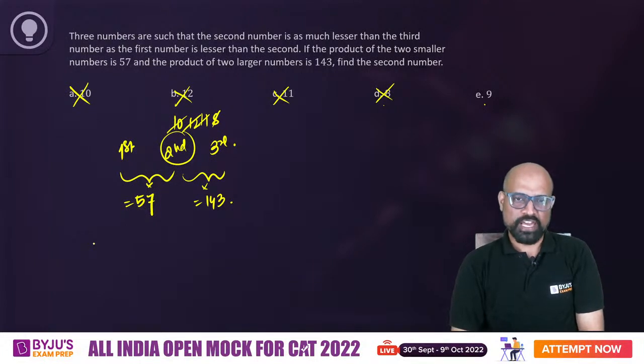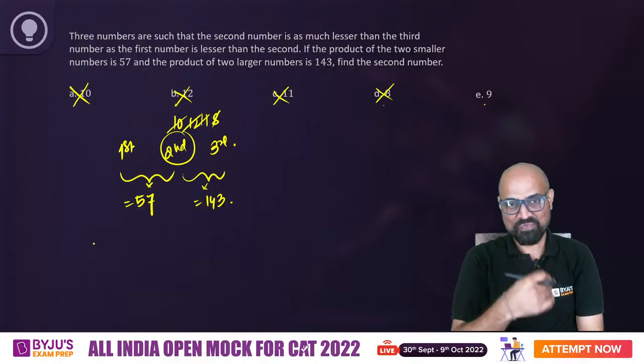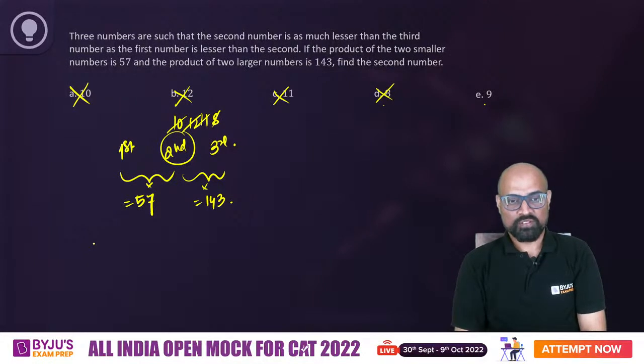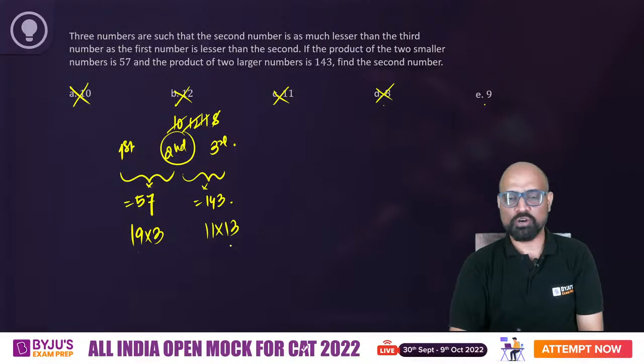Are we dealing with fractions here? Looks like we are dealing with fractions here because integral values will never solve this, है ना? 57 is actually 19 into 3 and 143 is 11 into 13. There is nothing common between these.